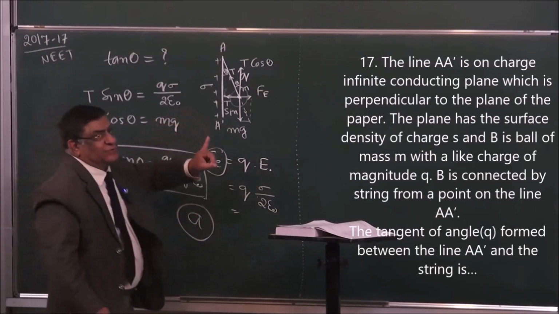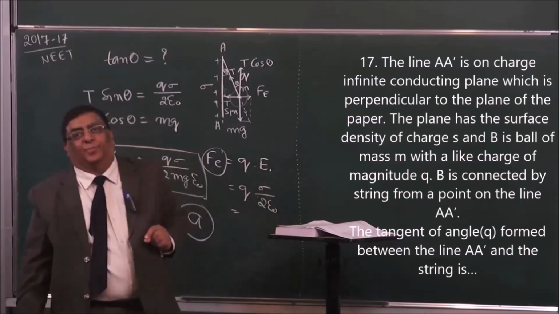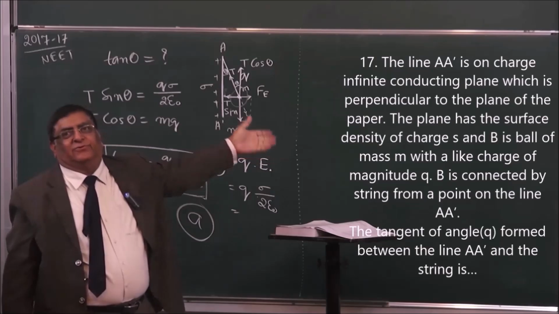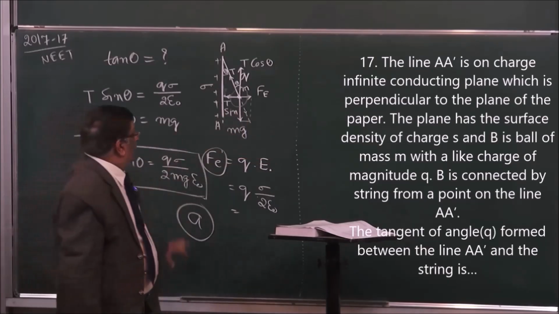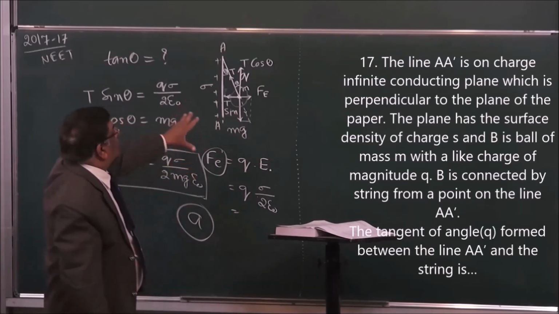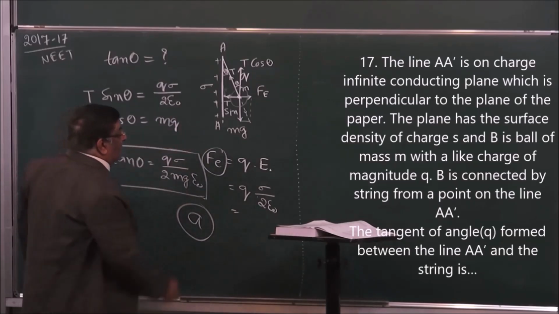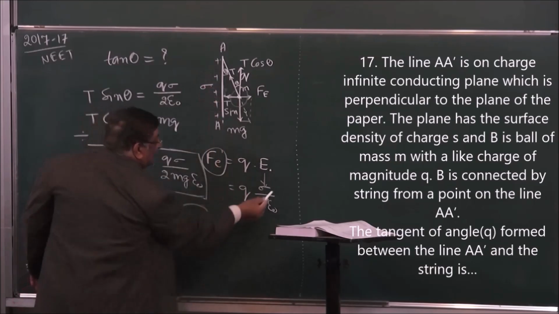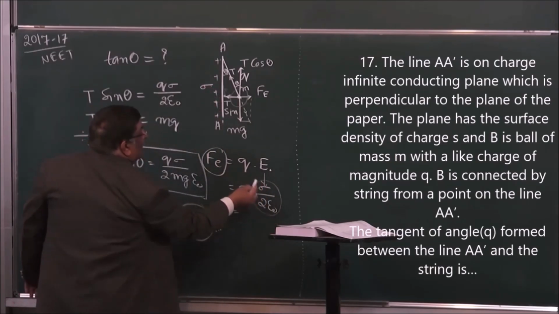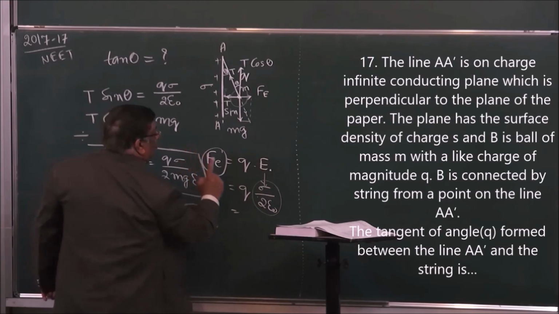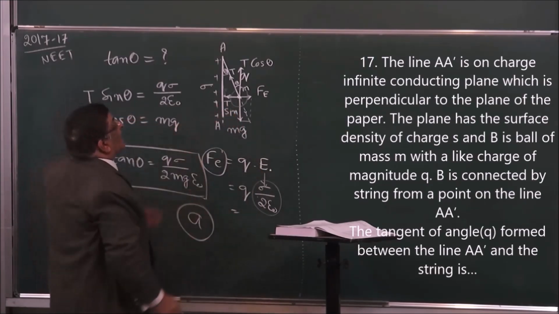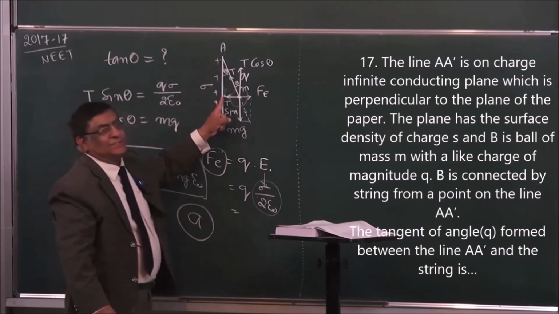So for the force, don't apply 1 upon 4 pi epsilon naught. Otherwise the answer will come with pi. So remember, this is how it is done. You should remember that the electric field due to a plane surface is sigma upon 2 epsilon naught. And the formula for force is to be used as Q into E, not Q1 Q2 upon R square, because there is no point charge here.